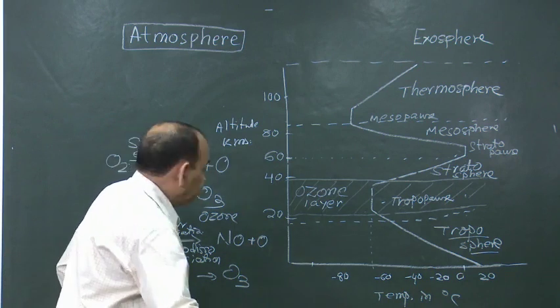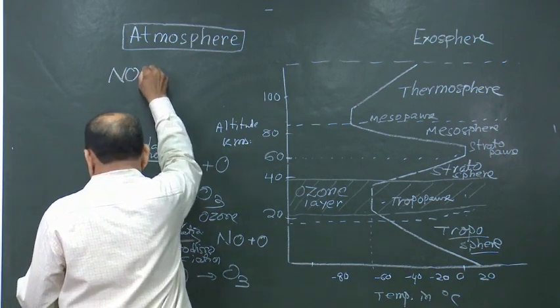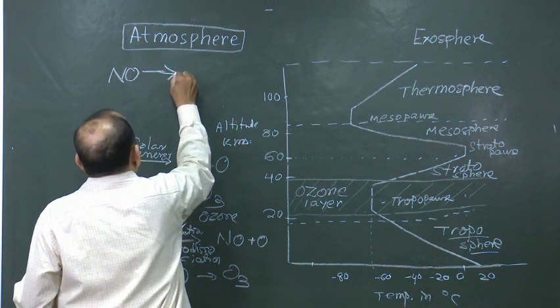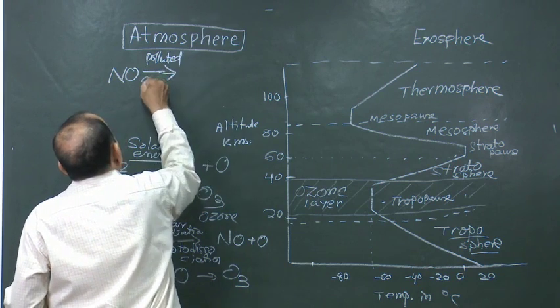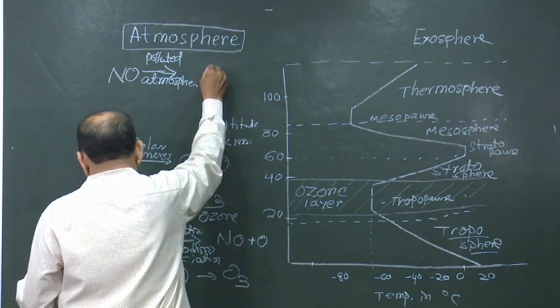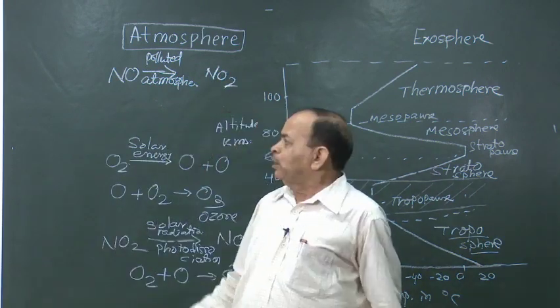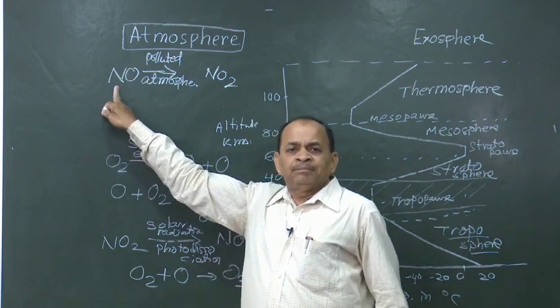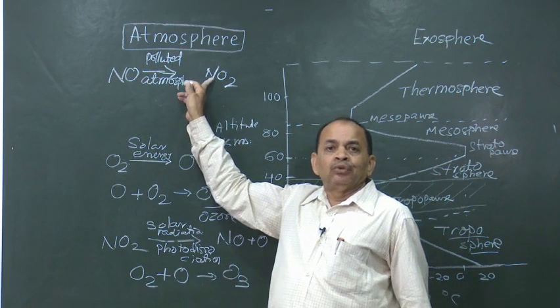NO in the polluted atmosphere is present. Now, it is converted to NO2.